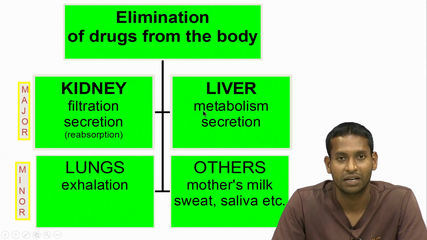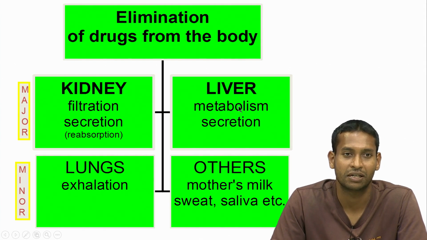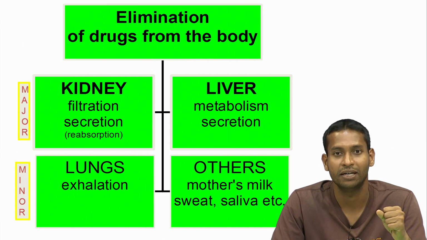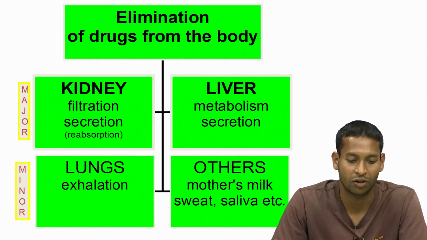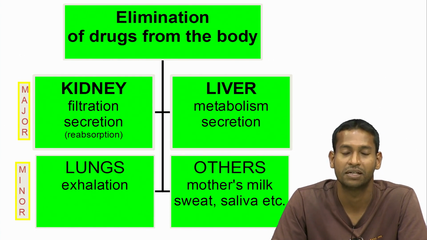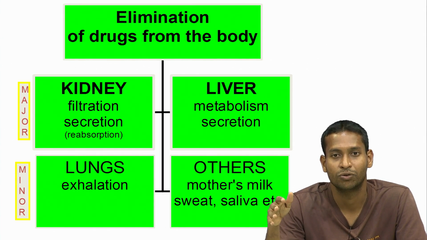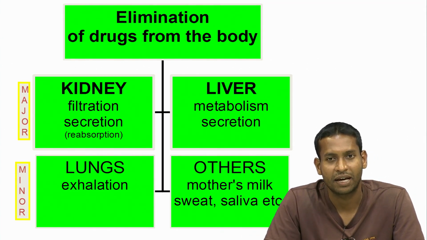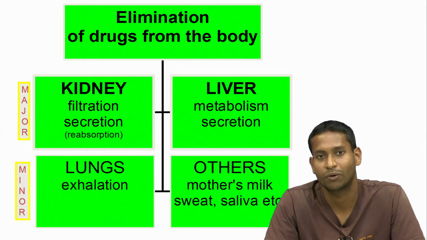The next major organ is the liver, and again as we discussed in the previous lecture about first pass metabolism, the liver is essentially the metabolic organ of the body, which basically means it contains lots and lots of enzymes, and lots of contact with the drug in the plasma. What it does is break the molecules down into several individual components, which, unlike the kidney, does not directly eliminate it from the body; it will still have to go through the kidney to be eliminated completely.